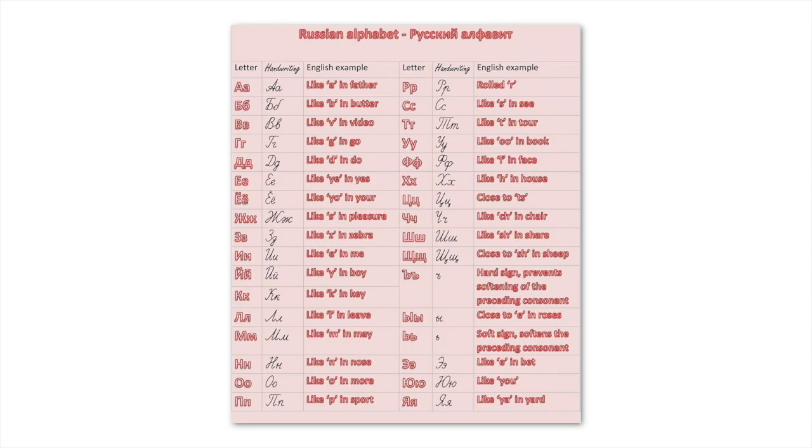With the help of certain examples, we covered all 33 letters, and to make you aware of their sound pattern, we gave you examples of combinations of vowels and consonants. I hope you now have a fair idea of how Russian phonetics works.